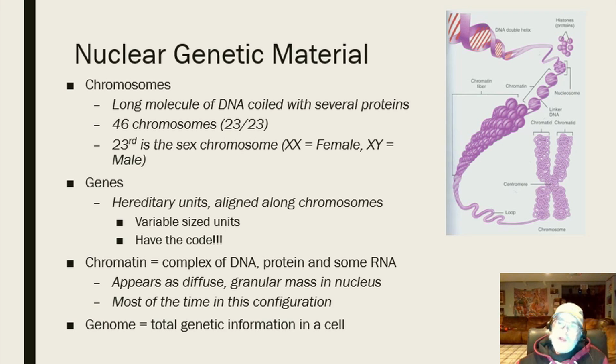Okay, so now we know what DNA is. And DNA is what makes up our chromosomes. I've mentioned chromosomes a couple times. And what a chromosome is, it's basically a long molecule of DNA that's coiled. It's held together by various proteins. So there are various proteins inside that hold this coil. See up here in the top of the picture, when we look at this little diagram on the top, you see our DNA sitting up in here.